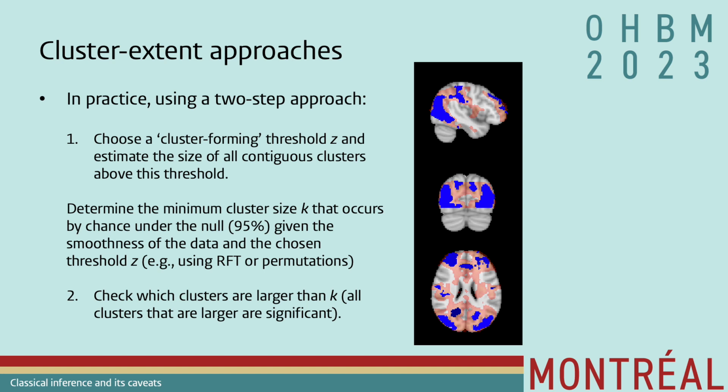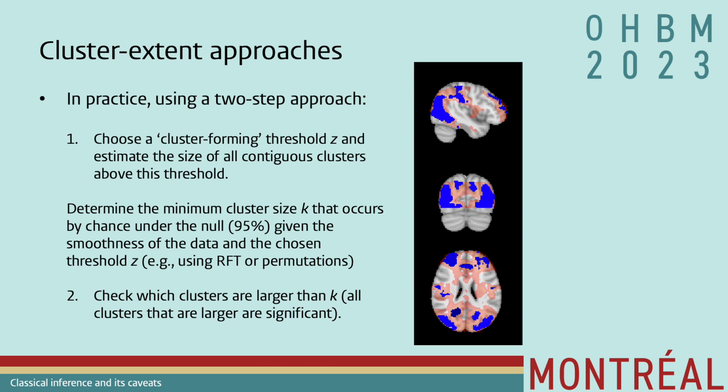Whatever method you use, it gives you a cluster size K that controls the occurrence of blobs of a certain size under the null hypothesis. The second step is we check which clusters are larger than K: all clusters that we find in step 1, we check against this K value.